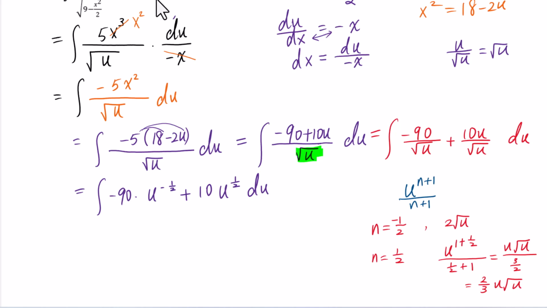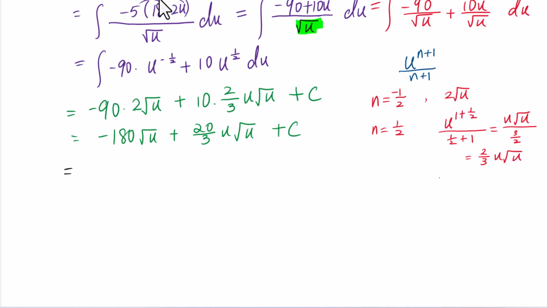Now we plug in: negative 90 times 2 square root of u plus 10 times 2/3 u square root of u plus c. Combine like terms: negative 180 plus 20/3 u, square root of u, plus c.